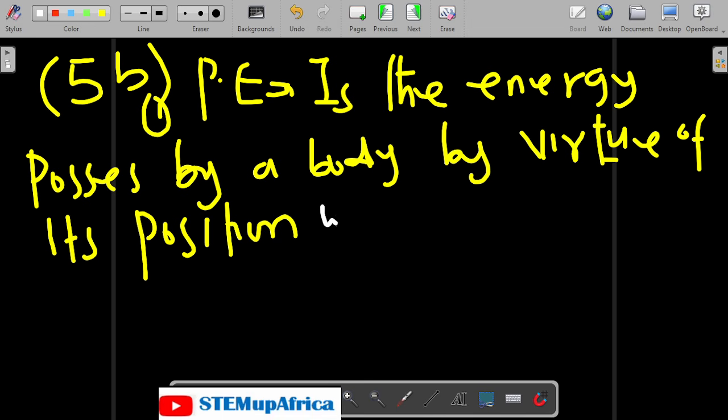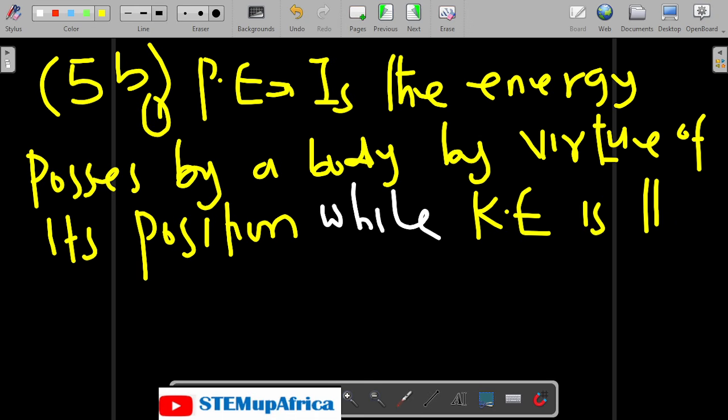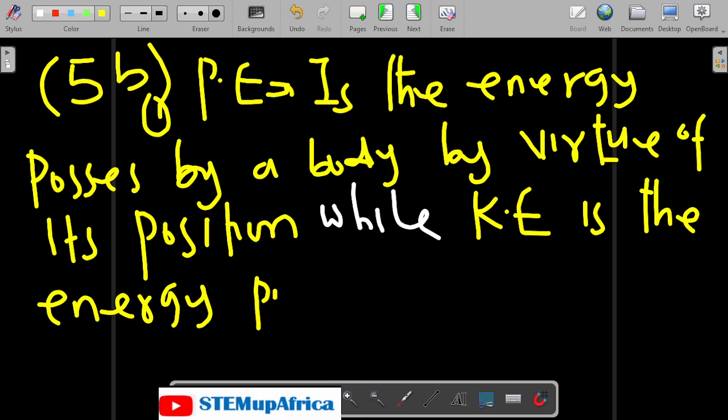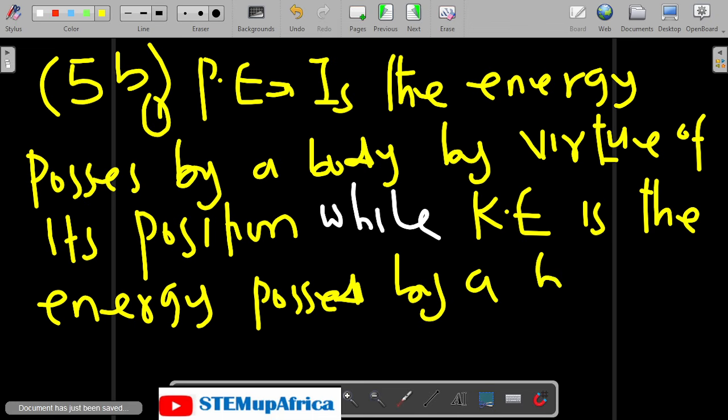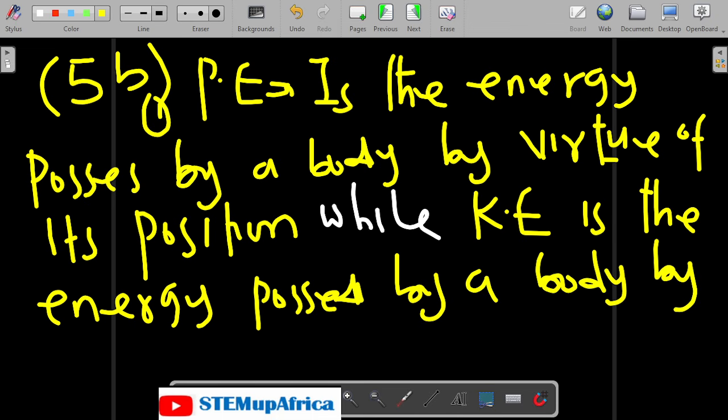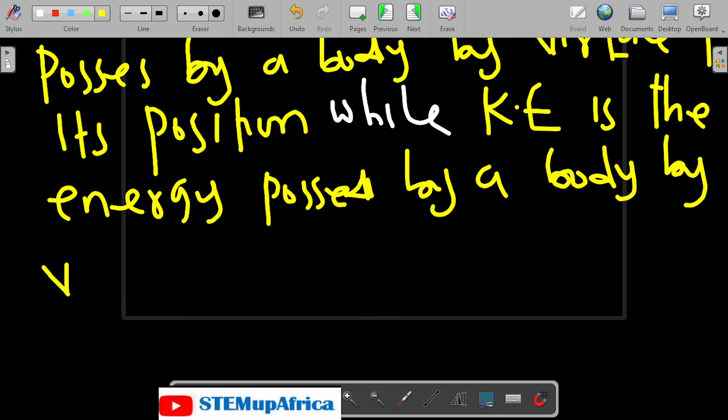While KE is the energy possessed by a body by virtue of its motion.